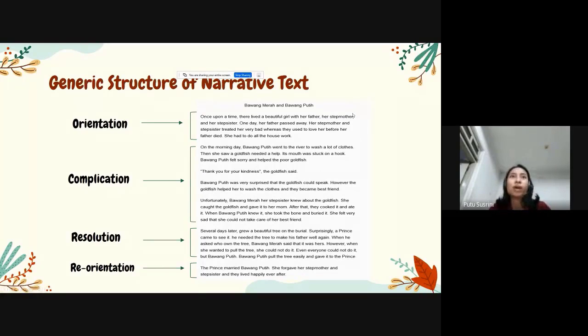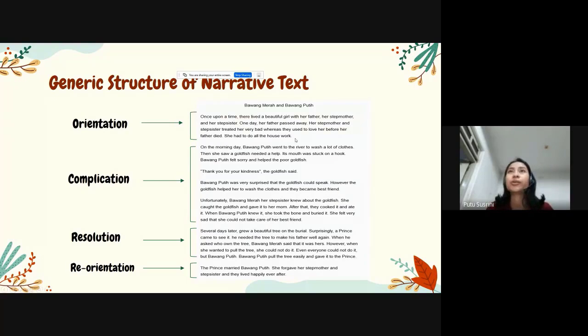So what about the generic structure? There are four generic structures of narrative text. The first is orientation. Orientation is about the introduction or the beginning of the story. It can be where the story happened, when the story happened, or who the main character of the story is.